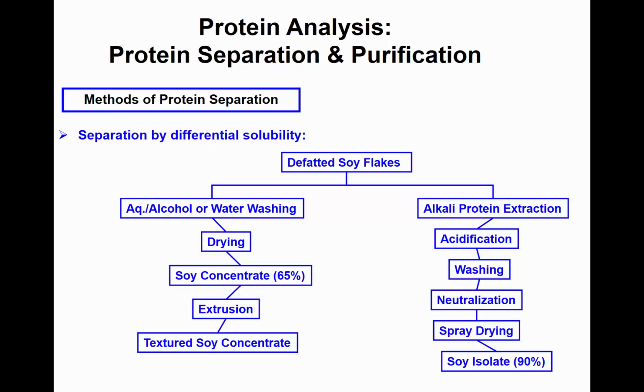Then you dry, and you will have more protein because you start off with soy flour that is around 45% protein. When you remove some of the solubles, you're concentrating the protein. And this product often goes through extrusion, and you get the texturized soy protein products that are common as meat replacers.